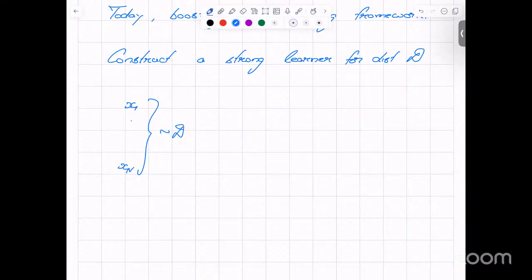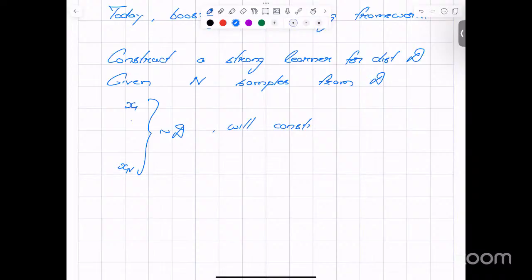So given capital N samples from D, we will construct a simple algorithm. The simple will be important. It will not depend on capital N. That will be the whole point.